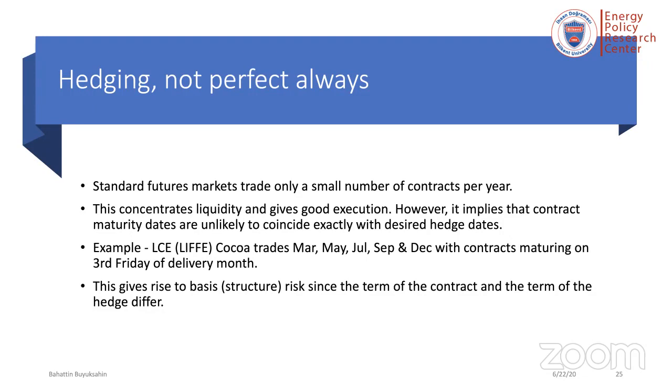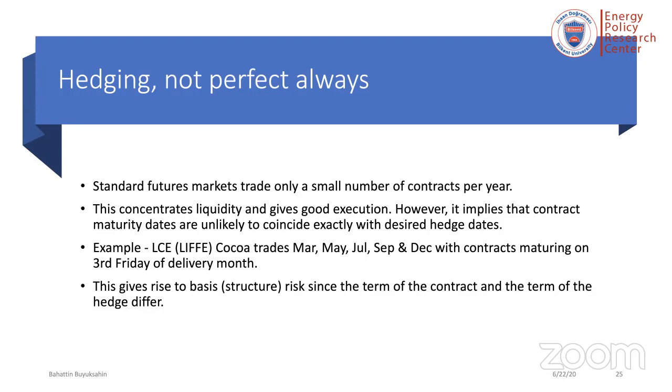If on the other hand, the asset to be hedged and the asset underlying the futures contract are different, a situation known as cross hedging, then we would expect the basis risk to be different from zero, even at expiration. Sometimes it's not possible to find a futures contract for some commodities. Consider an airline company which is concerned about the future price of jet fuel oil rather than crude oil.